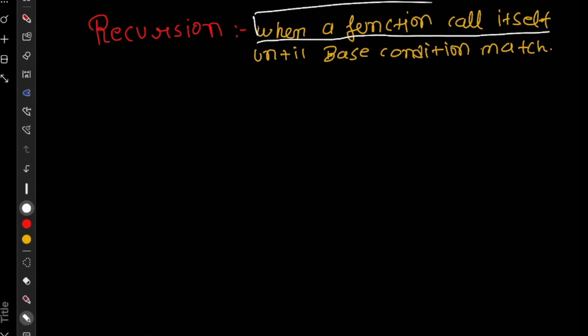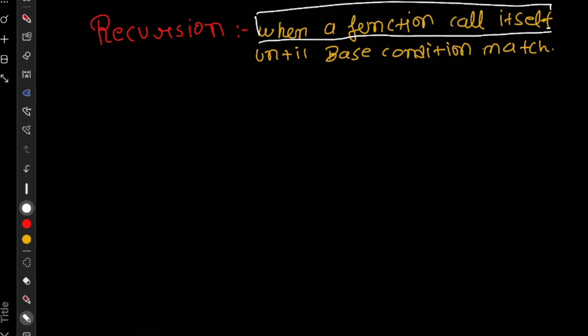First of all, we understand what it means for a function to call itself, by an example. Let's say in C++ or in any language. Talking about C++, you have first of all a main function.